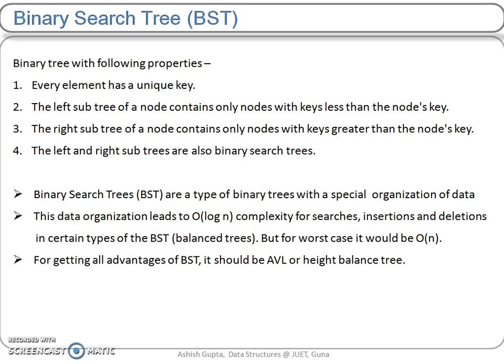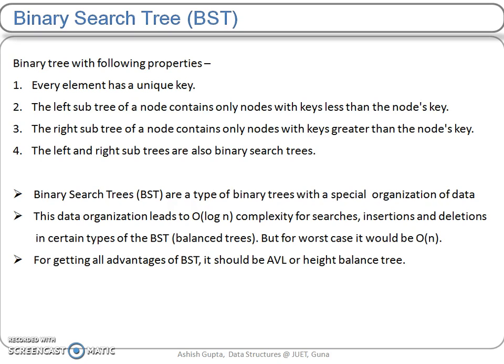The second point says the left subtree of a node contains only nodes with a key less than the node's key, so all the left subtree nodes would always be lesser than the root. In the same way, the right subtree will have greater nodes than the node's key. The fourth point says the left and right subtrees are also binary search trees, because these subtrees follow the same properties.